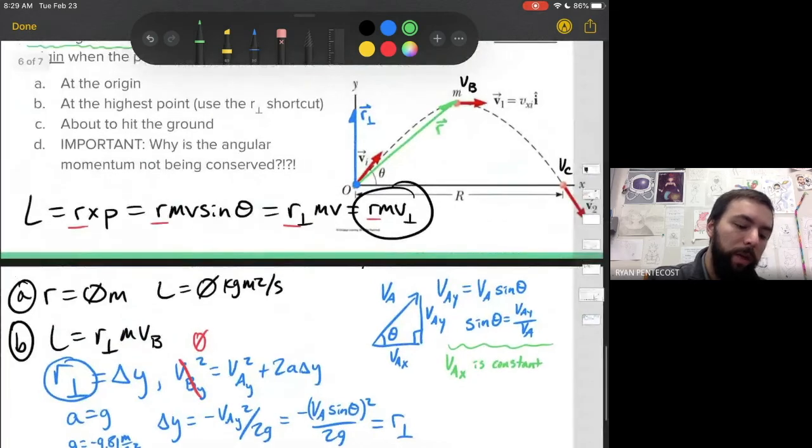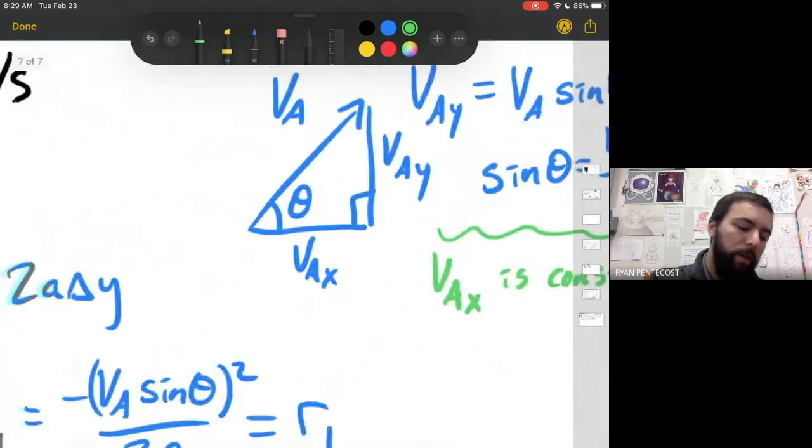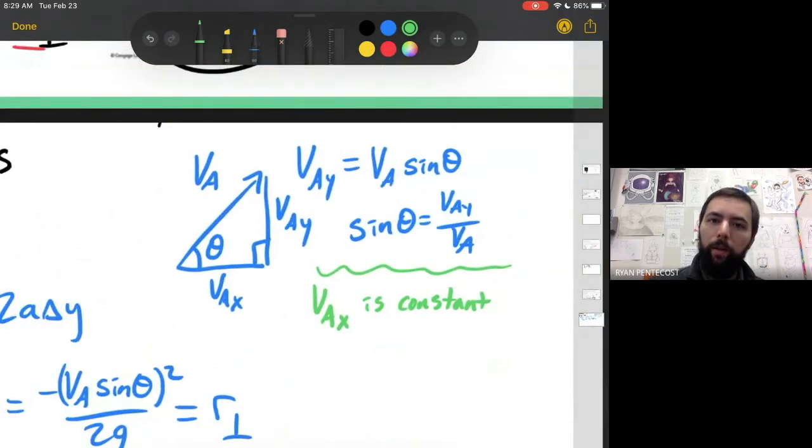And if VB is only in the x, that means that throughout the flight from point A to point B, the VAY slowly gets diminished down to 0, and then it's going to start growing negative as it accelerates downward back to Earth. But that VAX is going to stay constant.